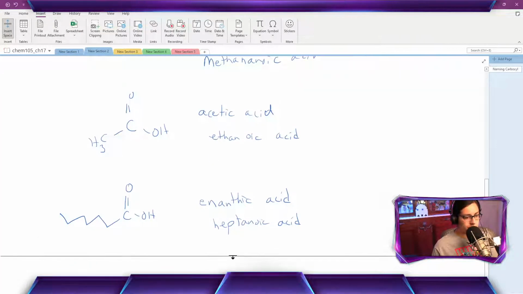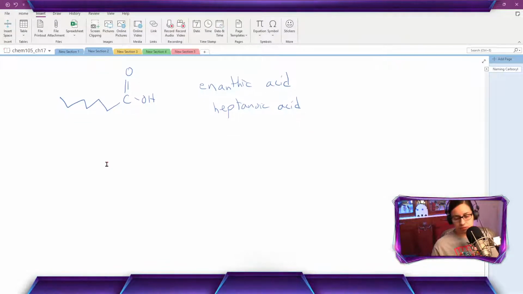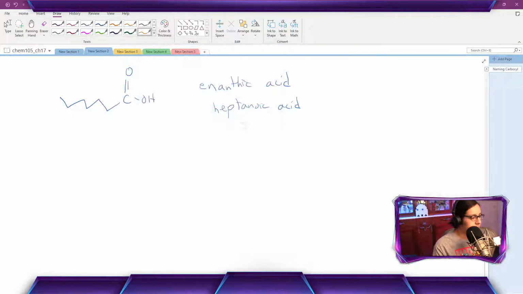So let's look at some other examples. So now, what happens if we have a carboxylic acid in a ring?